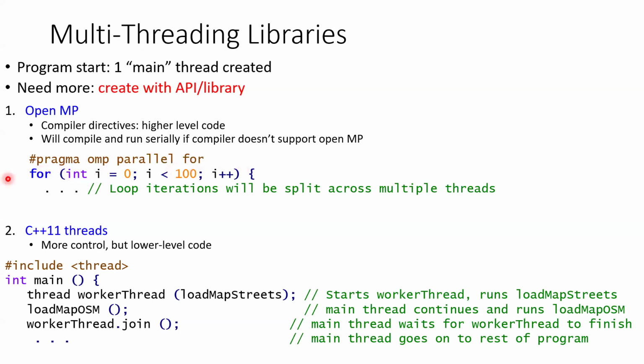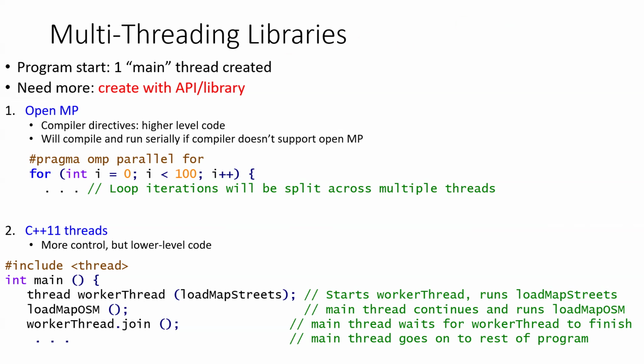This is a compiler directive, and if your compiler doesn't support OpenMP, it will just run the for loop like any single-threaded program. If it does support OpenMP, it will detect the number of cores, the number of threads your current machine has, and then it will divide your for loop accordingly. This is all done automatically.